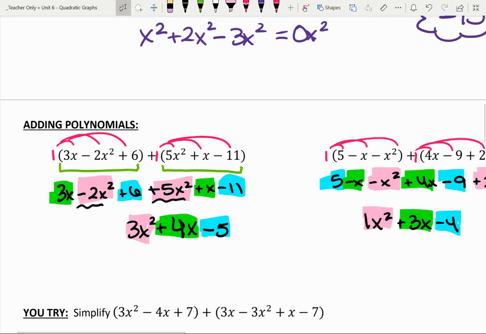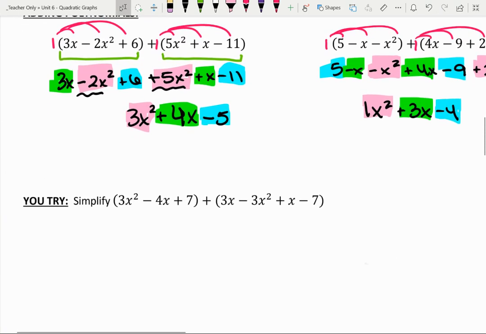I think now's a good time for you to try an example on your own. So take a look at this example, pause the video, and come back when you're ready to check. Welcome back. So once you rewrite this without the parentheses, you distribute those ones, you get something that looks like this.